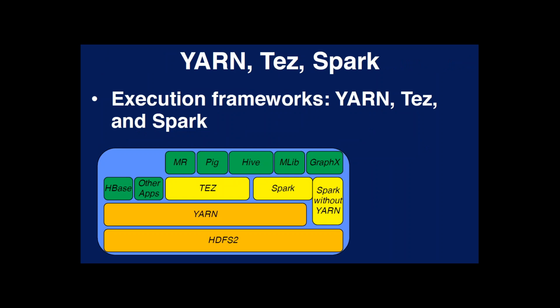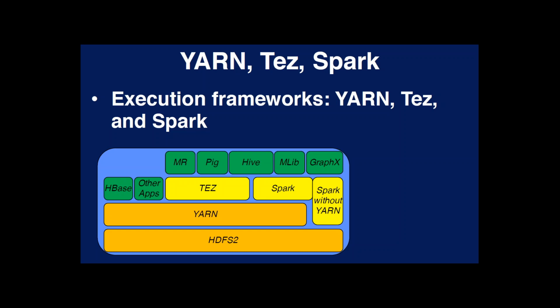So this is what the execution frameworks look like. HDFS will be there at the lowest bottom, and an execution environment called YARN will be there. On top of it, we can run the MapReduce jobs.